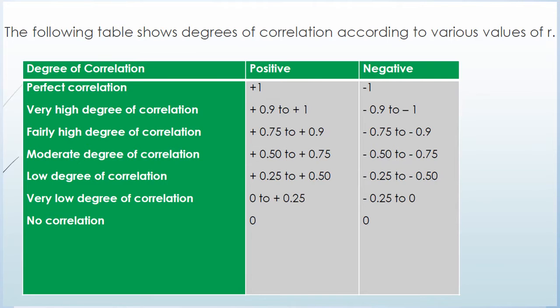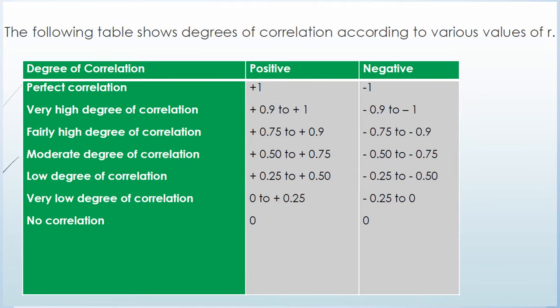Then fairly high degree of correlation means when the value of r is 0.75 to 0.9, you can say fairly high degree of correlation, and vice versa for the negative correlation. When it is minus 0.75 to minus 0.9, we say fairly high negative degree of correlation.